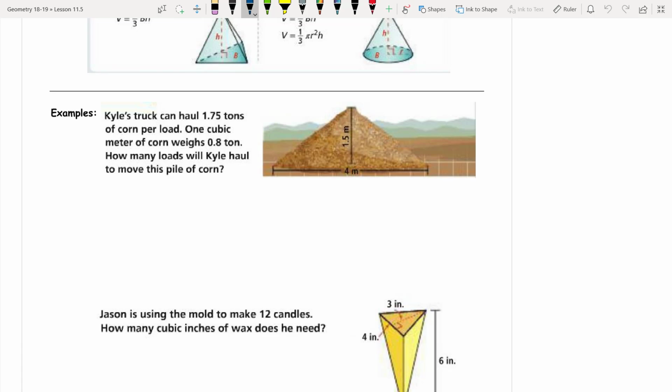So we've got our pile here. It's got a diameter of 4, so that means my radius is 2 meters, and my height is 1.5 meters. Since it's a cone, the volume is 1/3 pi times the radius squared times the height.